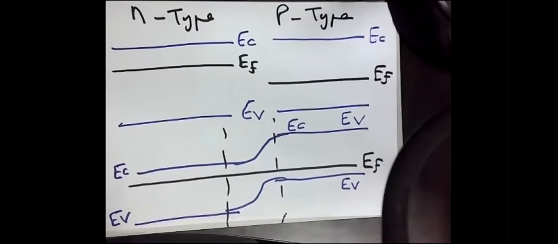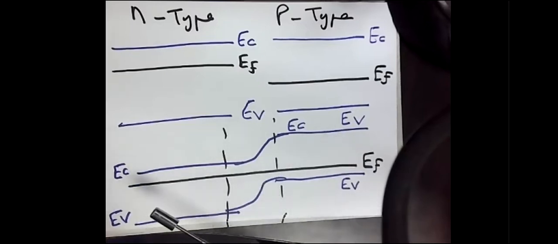Why do this? Because if you look to the extreme right region, as you can see here, it's a normal p-type material. The Fermi level is close to the valence band and far from the conduction band. Very normal p-type material.